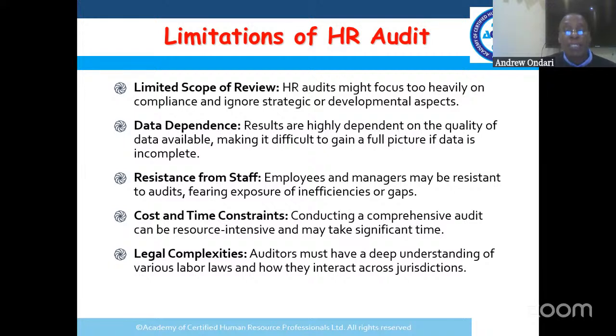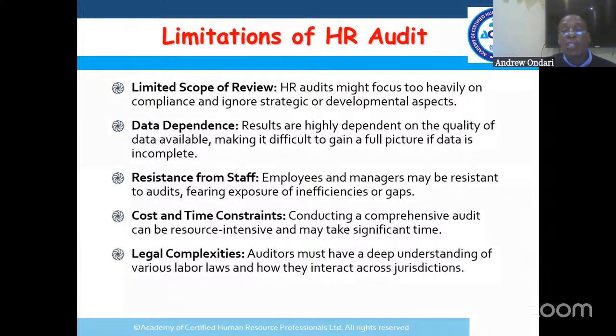The other one is the SHA, Social Health Authority, and the SHIF. We must make adjustments to all this to ensure that we are compliant. And the timelines are set. For you to conduct this audit, you must always keep abreast with the changes in legal requirements.